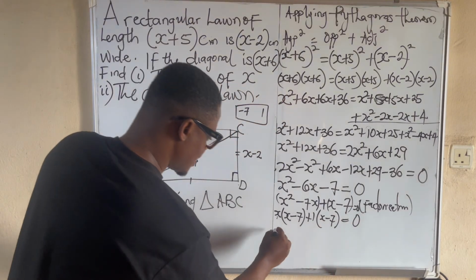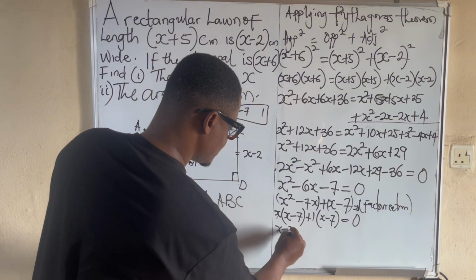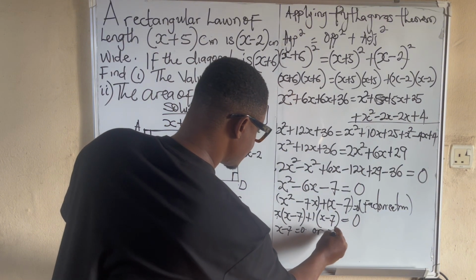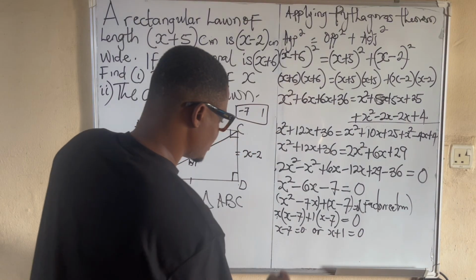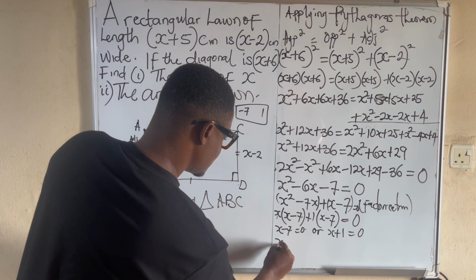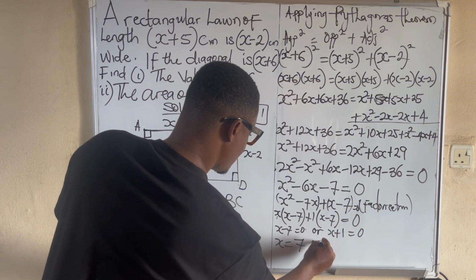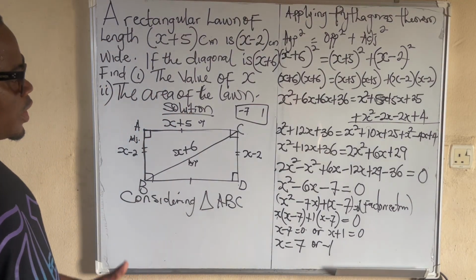So this implies that x minus 7 is equal to 0, or x plus 1 is equal to 0. Then x is equal to positive 7 or negative 1. So we are not done.